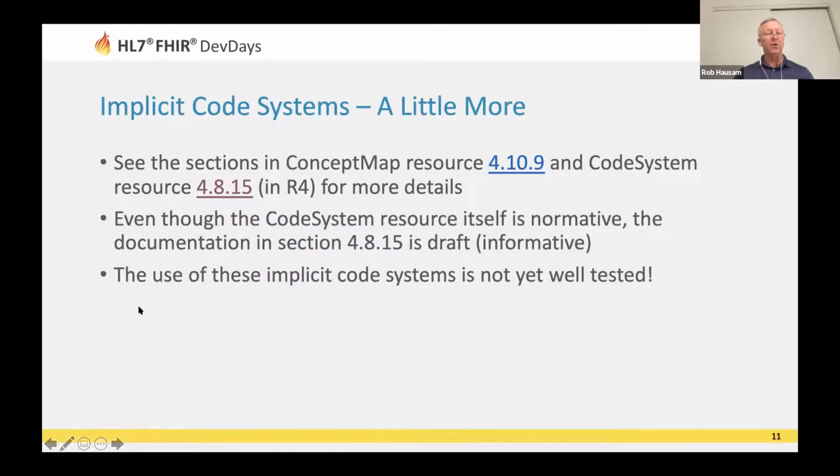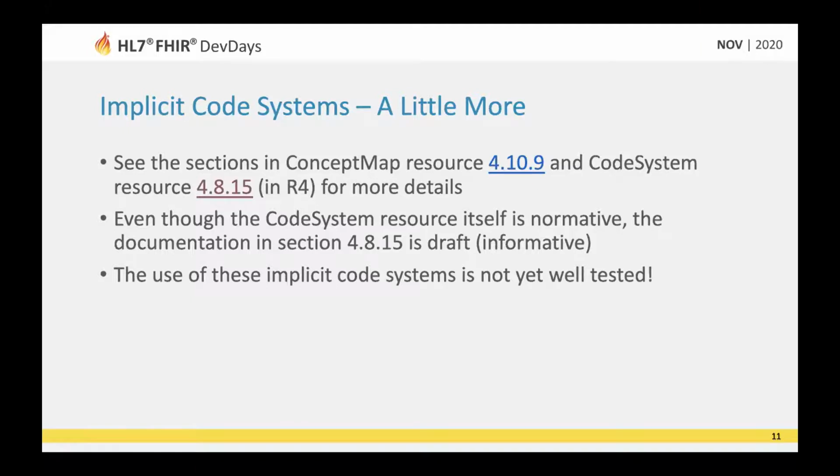Any other comments, questions, or anything at this point? Hello, Rob. Yeah, I have a query related to code system and value set. While doing implementation, is it necessary to have a value set for each codable concept, or can we directly check with the code system as well? We can directly call the code system.